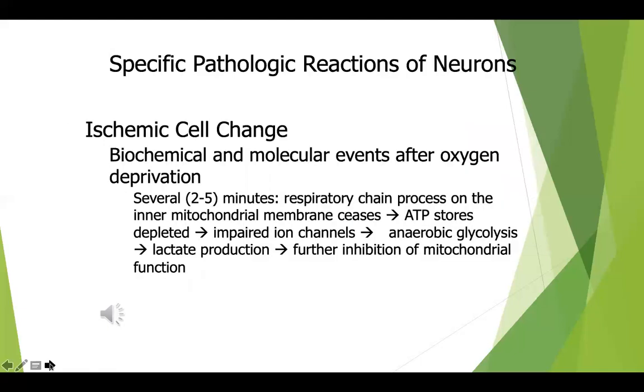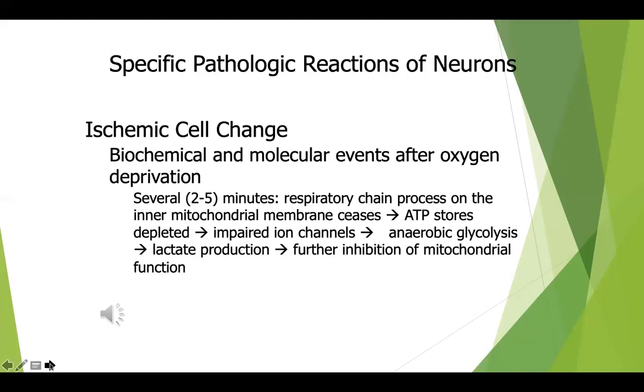How about the biochemical and molecular events which we do not see after ischemia? Several minutes after significant ischemia, if we were not able to reverse it, 2 to 5 minutes, the respiratory chain process which produces our ATP on the inner mitochondrial membrane ceases.